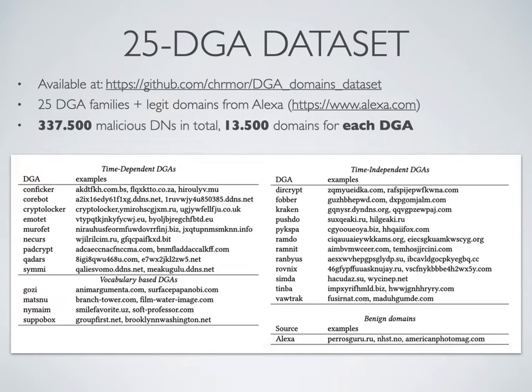We have time-dependent DGAs, where the seed used to generate the domains is based on some time-dependent data source like Twitter, for example. Then we have time-independent DGAs, and then we have domain generation algorithms which are based on vocabularies, English words, or even Latin vocabularies. And finally, Bambenek domains, which you see are quite similar at first glance to the vocabulary-based domains.